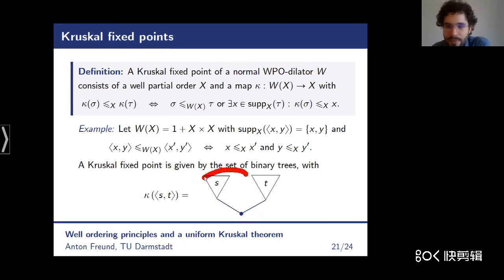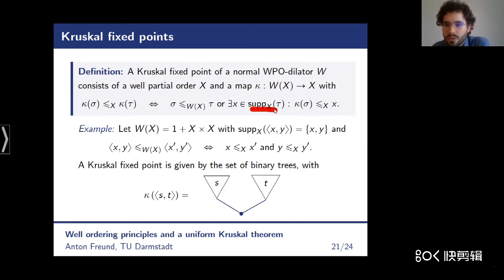So in order to get an embedding of this tree into another tree of the same form, you can either embed the left subtree of the tree into the left subtree of the other tree and the right subtree of the given tree into the right subtree of the other tree and send the root to the root. And that's precisely what this inequality here tells you. And the second possibility is that you can embed this entire tree here into one of the immediate subtrees of the other tree. And that's precisely what this alternative tells you.